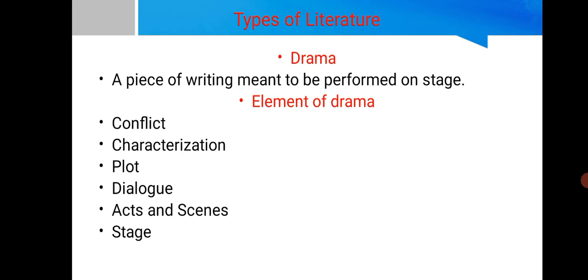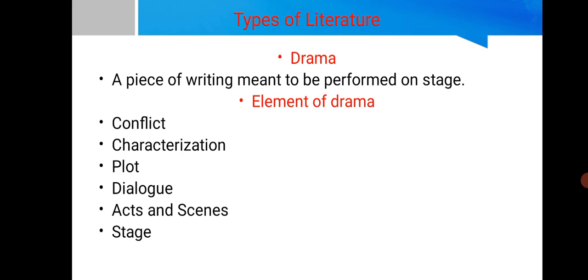Now, today we have dramatic books that have been written but have never been performed before, but they are still classified as drama. The fact that a book has been written but has never been performed before does not disqualify it from being referred to as drama. Once it has been written with the intention of it being performed, it is drama.